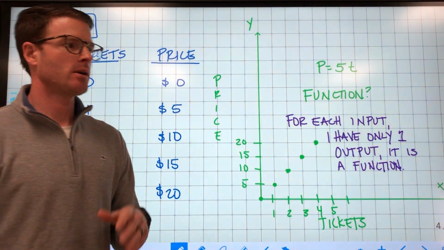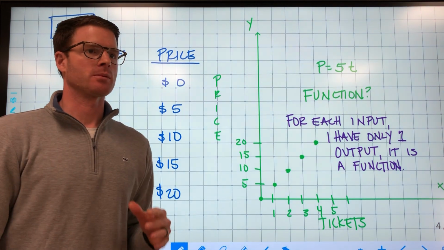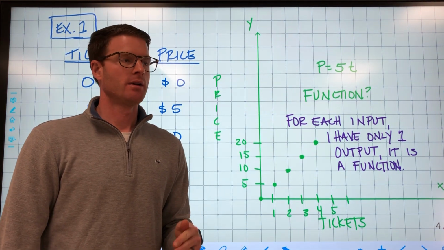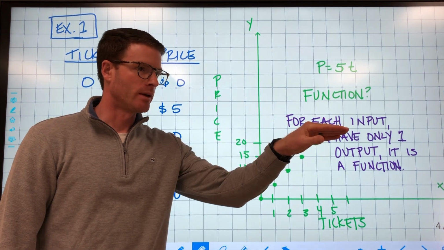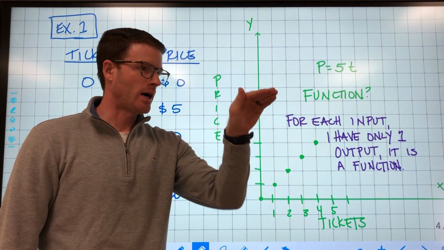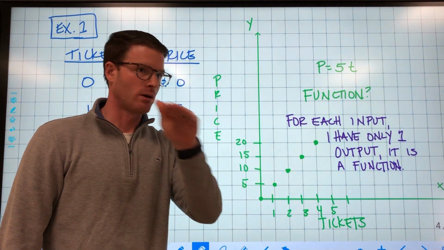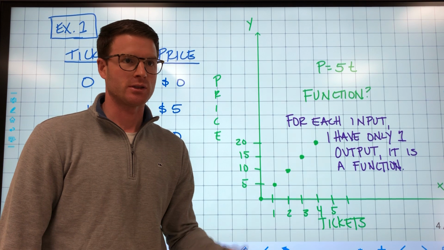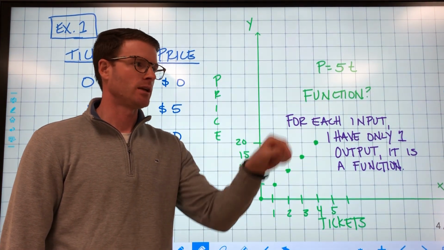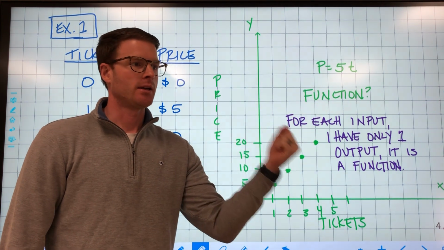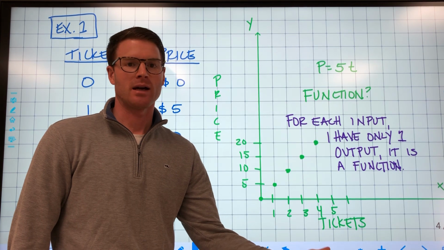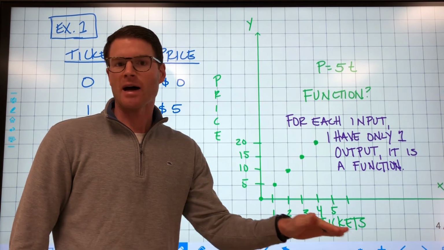So you remember this, hopefully, from when we talked about functions previously, and I gave the example of the soda machine, where every time I press a Coke button, I get a Coke out. It's a function. If, for whatever reason, I hit the Coke button and 50% of the time I get a Coke, and the other 50% of the time I get a Sprite, not a function.